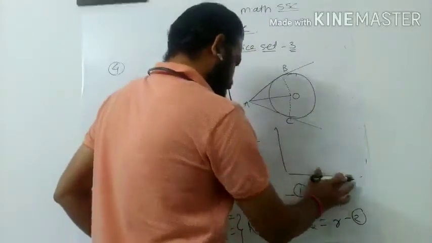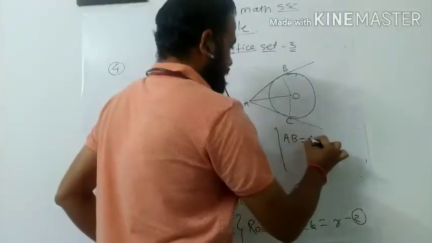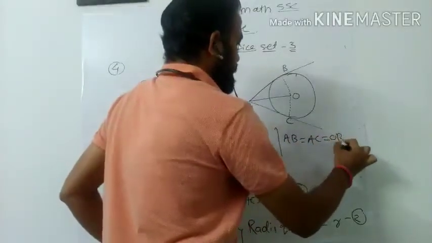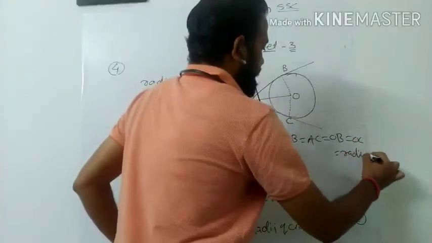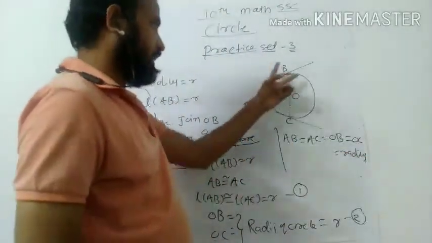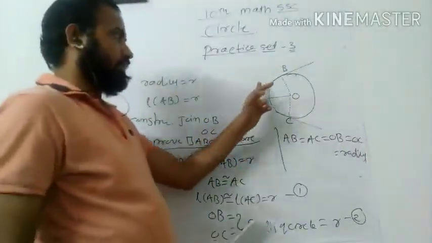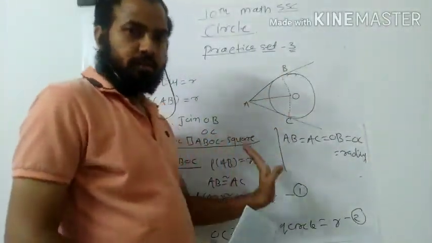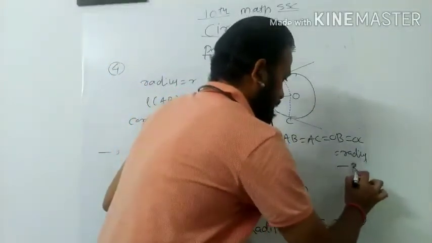Then I can easily write here AB equal to AC equal to OB equal to OC, which is equal to the radius, and as these sides are equal, the first part of our proof, that quadrilateral ABOC is a square, is completed. I will put this as equation number 3.